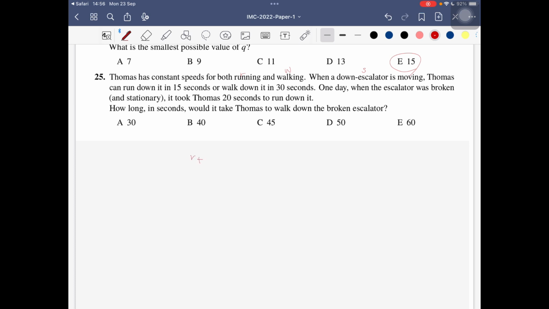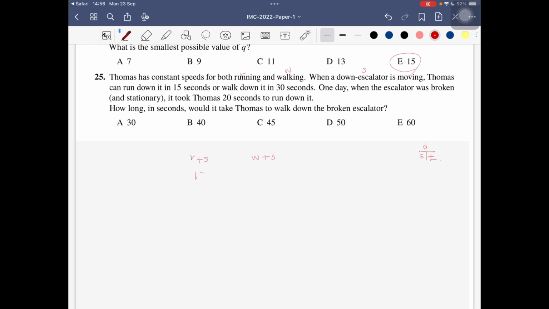R plus S is running down the escalator, and walking down the escalator is W plus S. Again, distance, speed, time.